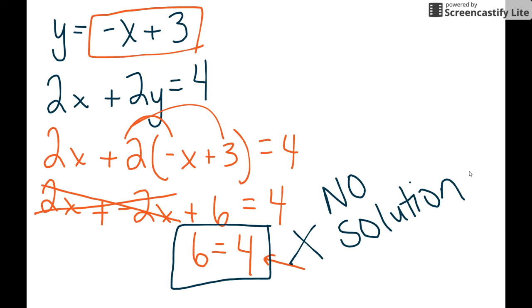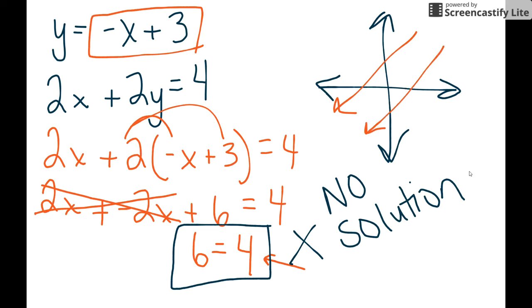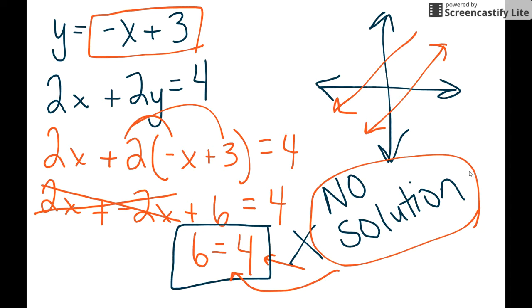So no solution leads back to our graph of parallel lines. So these must be parallel lines, something like this, because they're never ever going to cross. So whether you see the graph or whether you solve it, you should be able to figure out which kind of answer it is, if it's a one solution, an infinitely many, or a no solution.